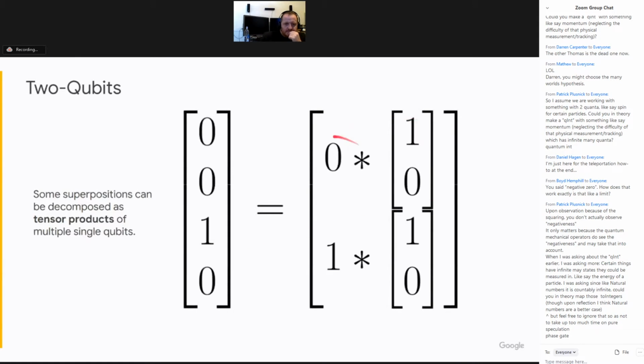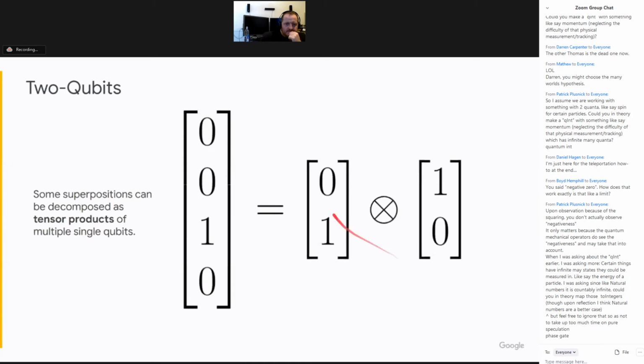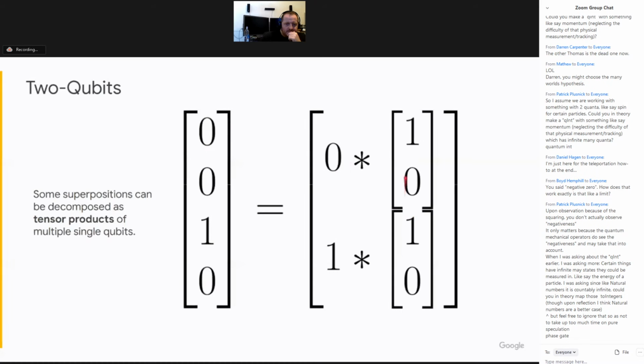It's this strange sort of interleaving of vector multiplication, where you take this spot and multiply it by this one and this one, and then you take this component and multiply it by this one and this one. You lace them together like this. That's called tensoring 2 vectors together. And as you can see, it exponentially increases the size of the vector.